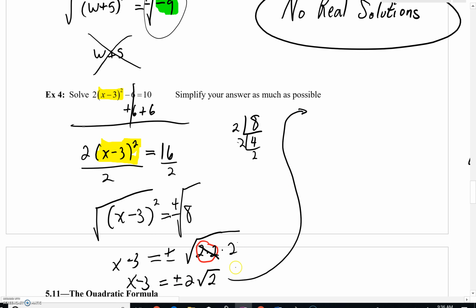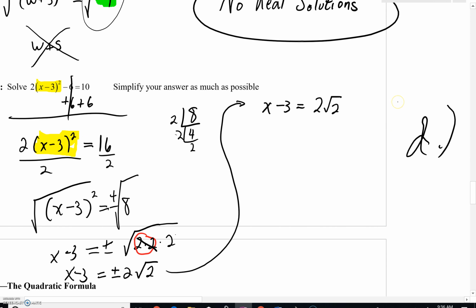But I guess what I want to show you is this, again, would lead to 2 distinct kind of problems here. You could have x minus 3 equals 2 root 2, or you could have x minus 3 equals negative 2 root 2. In either case, you would add a 3.